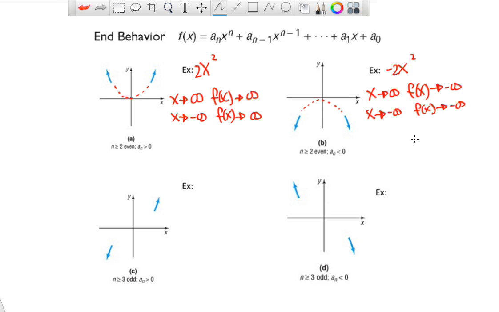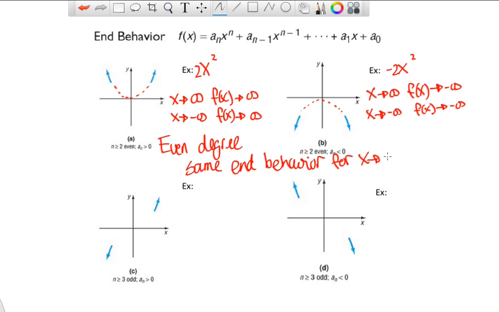It still goes to negative infinity. So an even degree function has what I would call the same end behavior for x going to positive infinity or x going to negative infinity.